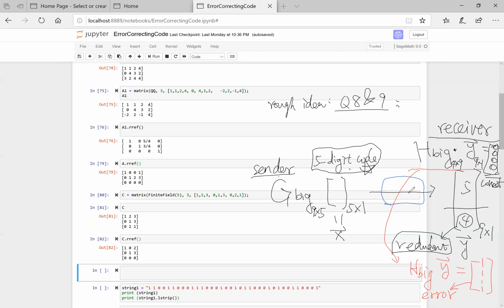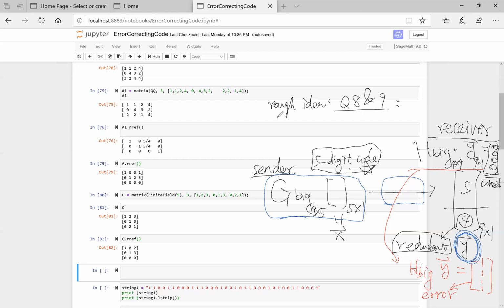There might be noise in our channel, which may cause some error in the message we received. So basically, the Y vector we received might be different from the encoded message because we have a sending process, a communication process.